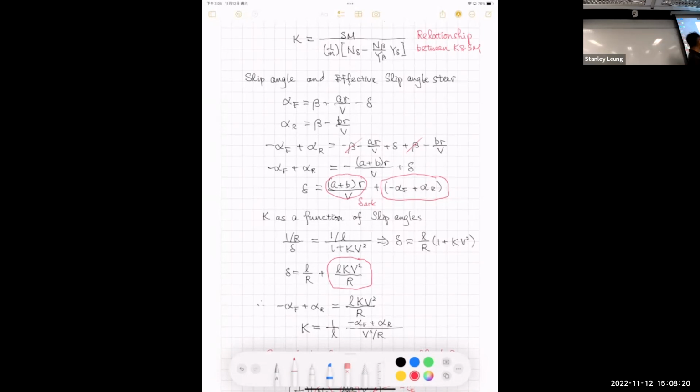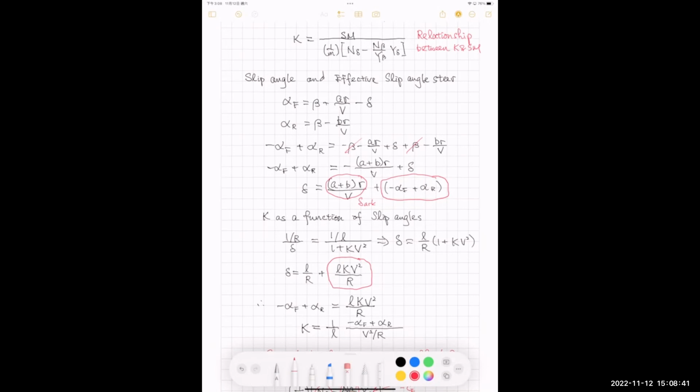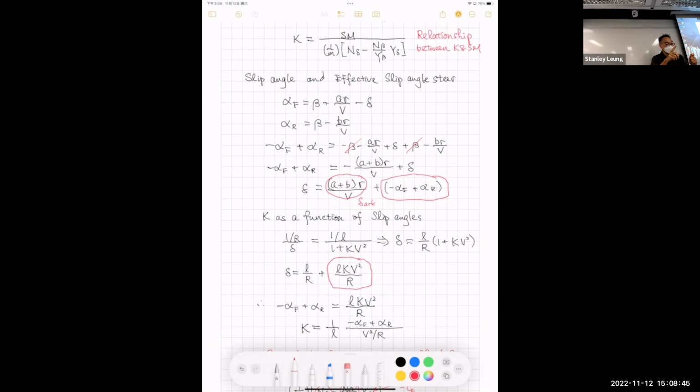The concept is that your car is rotating faster or slower, and in which rotation direction. Why do you have oversteer or understeer?